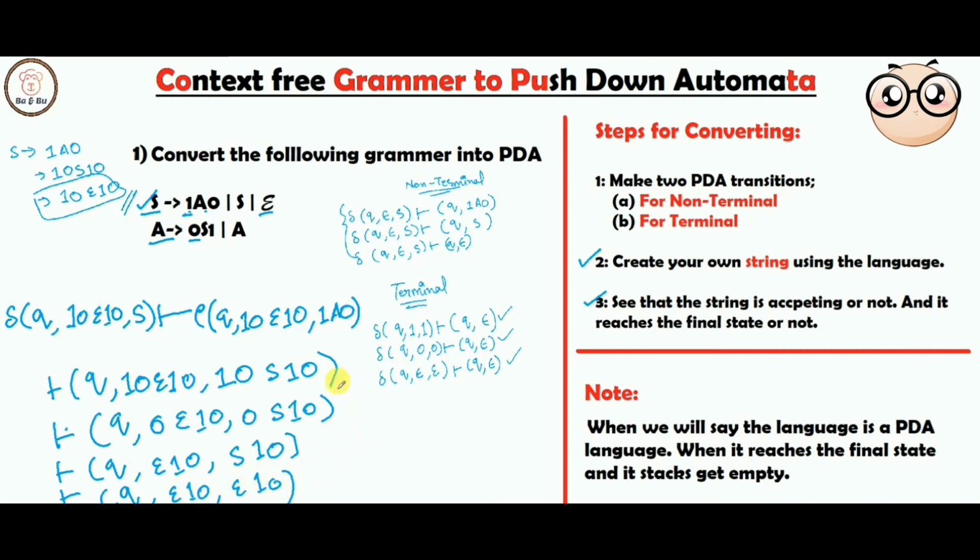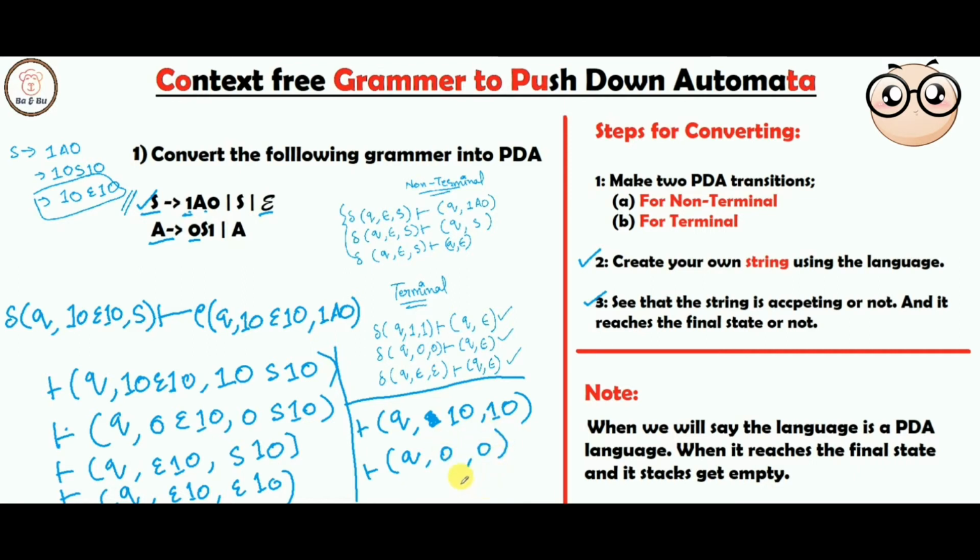Okay, so what is the next step? Next step, you have to pop out this epsilon. Okay, so now you will get Q epsilon. Now I'm gonna pop out this, so Q 1 0. Here you will get Q 1 0. So now I'm gonna pop out this 1. So Q 0 0.